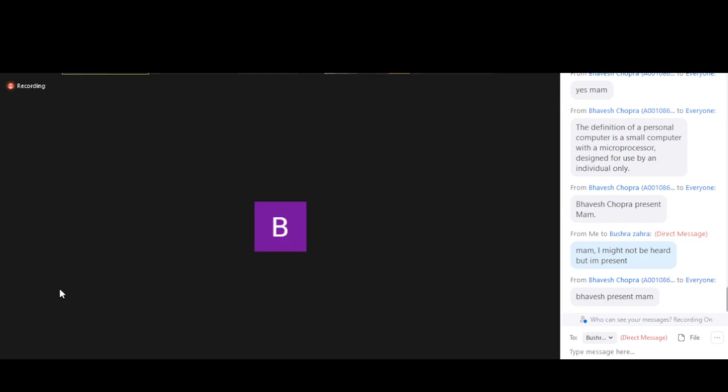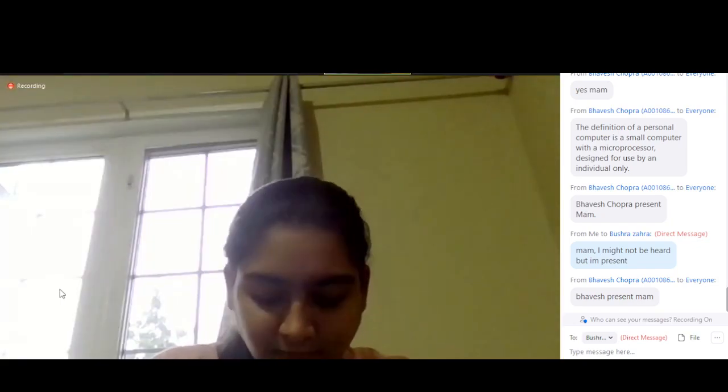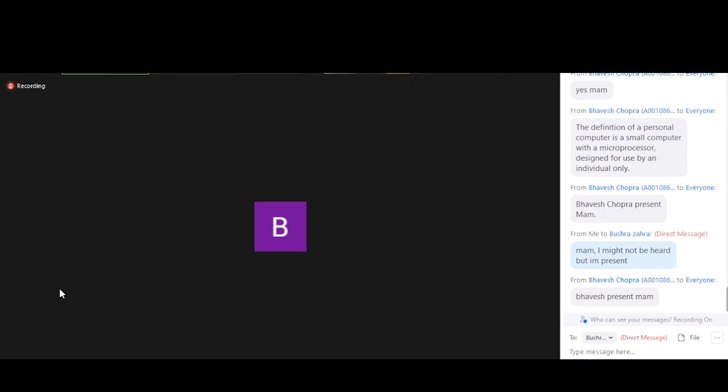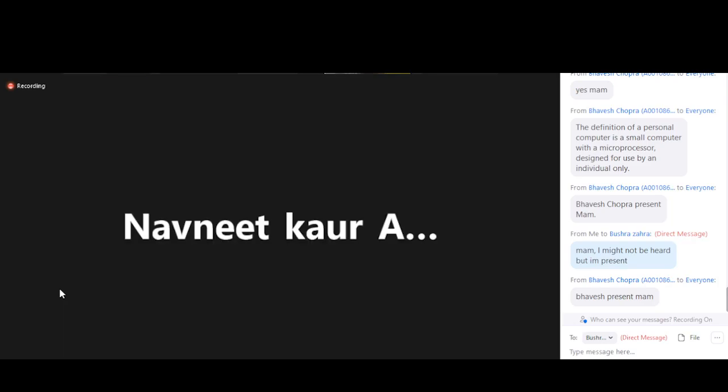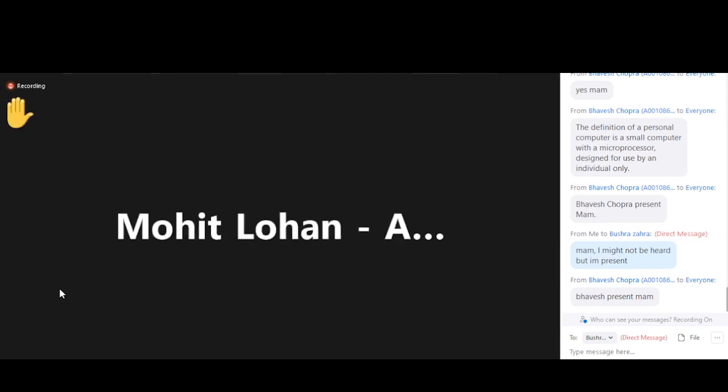Komalpreet, present, ma'am. Navjot, present, ma'am. Navjot Kaur number two, present, ma'am. Navneet, present, ma'am. Tushar, present, ma'am. Mohit, present, ma'am.